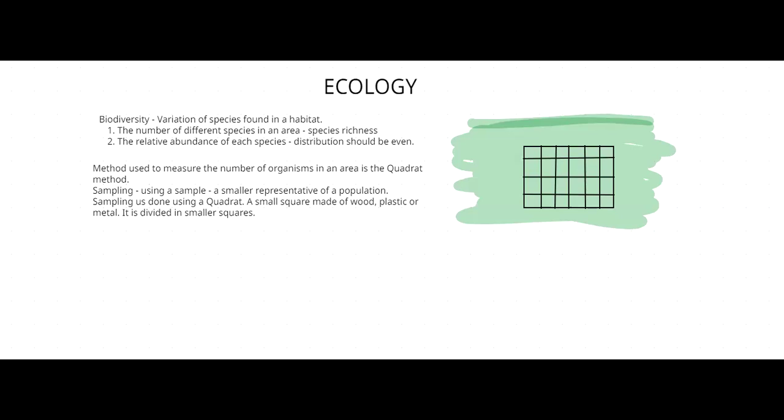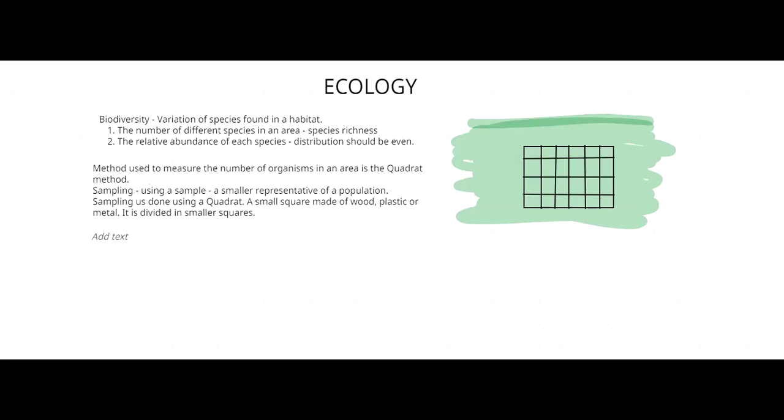After that, what are you going to do? You are going to total up all of the numbers, and after you total up the numbers, you can then calculate the average and get the idea. So first of all, you have to make sure you do random sampling, right? The area where the quadrant is placed is chosen randomly.